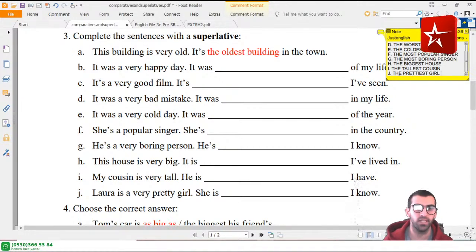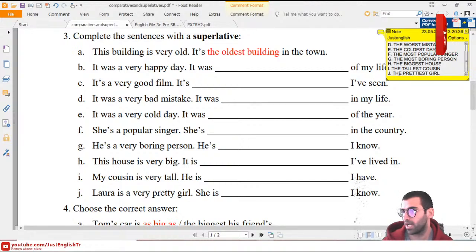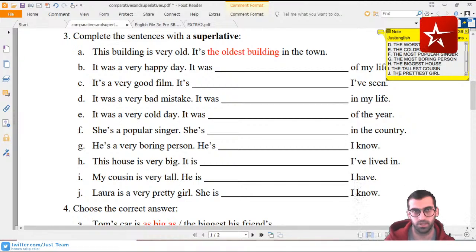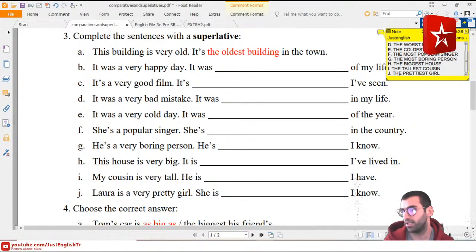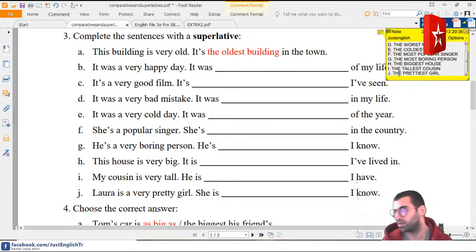If you have, let me know, I will explain and again, don't worry. If you have any worries related to this grammar, like superlative forms of adjectives, I can answer your questions. Okay.